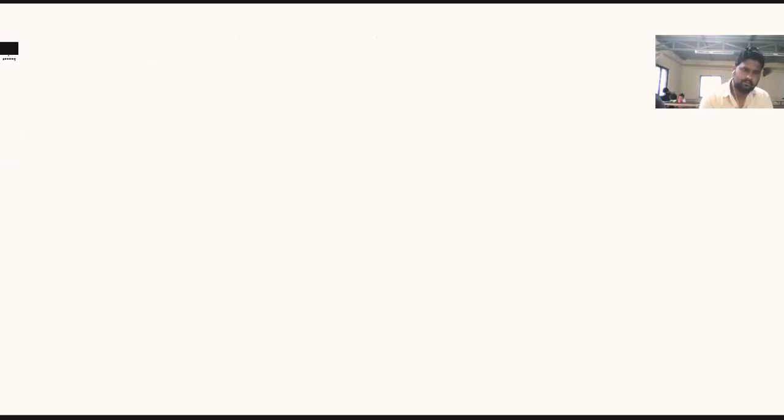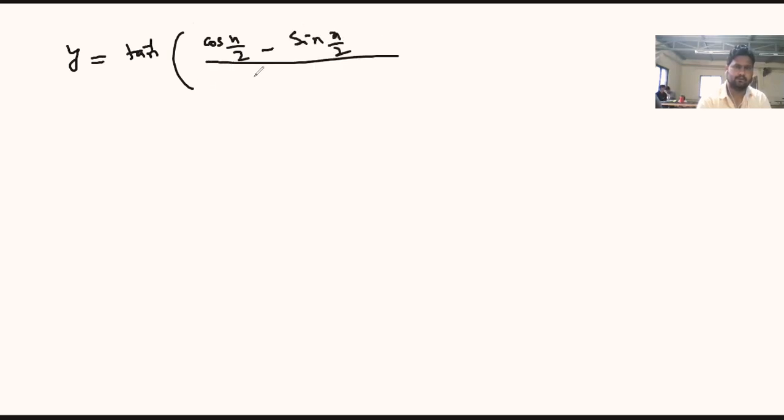So then we have up to here. That is, we got y is equal to tan inverse of cos x by 2 minus sin x by 2 divided by cos x by 2 plus sin x by 2.